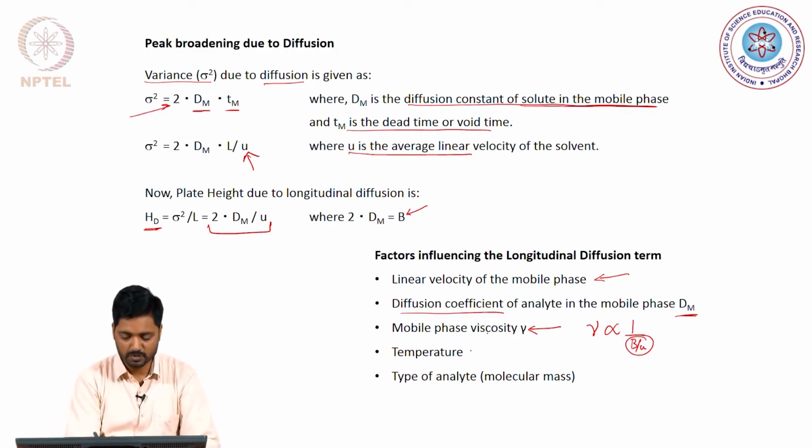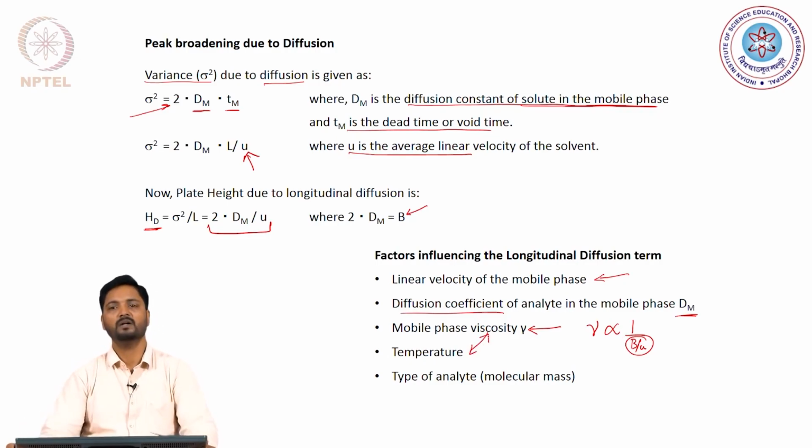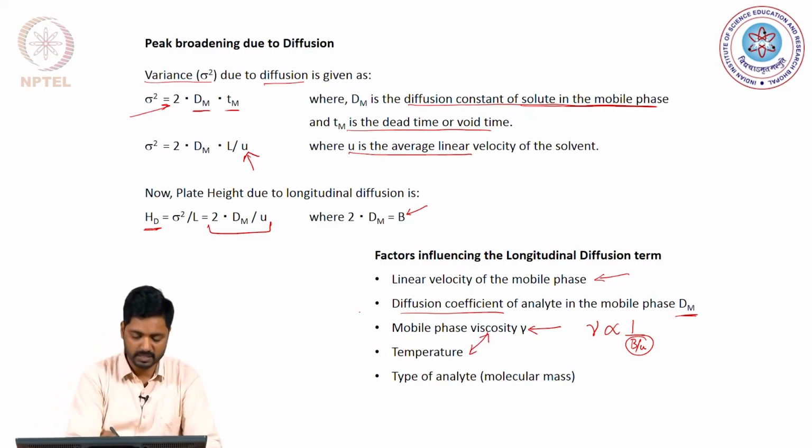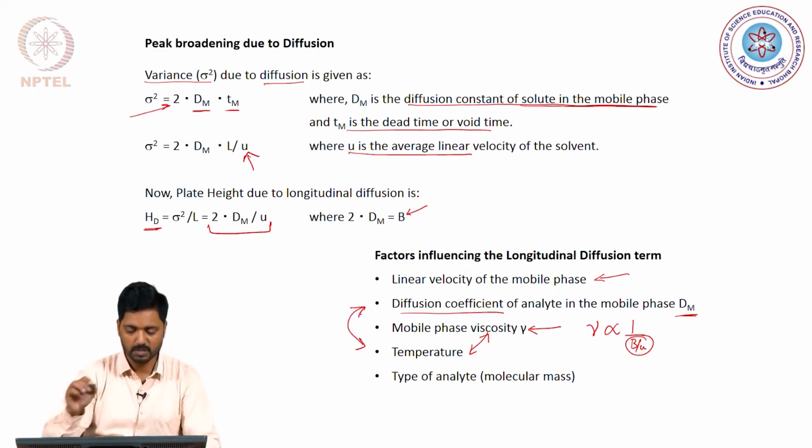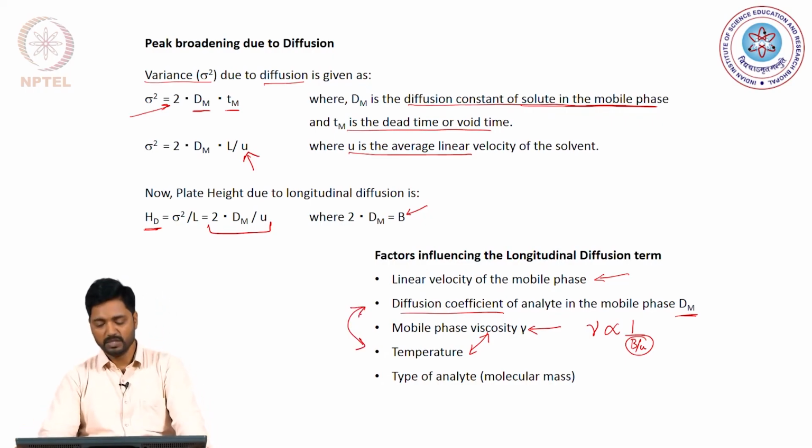And of course, viscosity and temperature are very correlated, and so are the diffusion coefficients and the temperature. So, both of these factors, the reduction in viscosity with temperature, as well as the increase in diffusion with increase of temperature, will have their influence on how the solute diffuses out of the band.